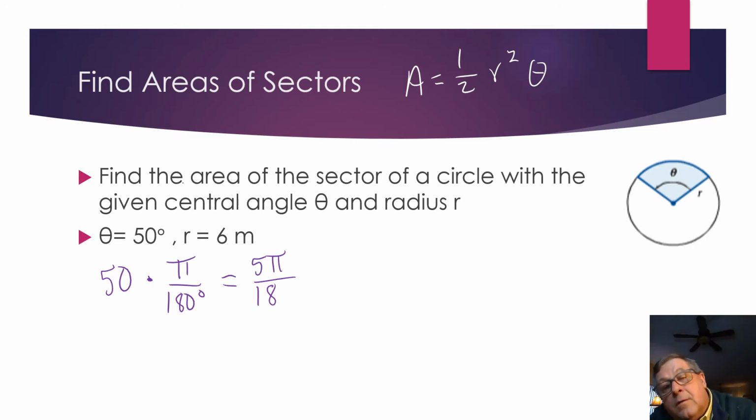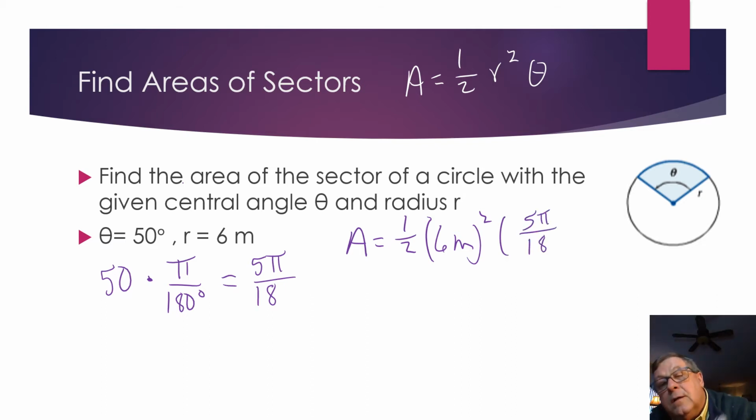So what's my area? My area is 1/2 times the radius, 6 meters, squared, times 5 pi over 18. Let's see what we get there. Well, I know that 6 squared is 36, so 36 times, in parentheses, 5 pi divided by 18.